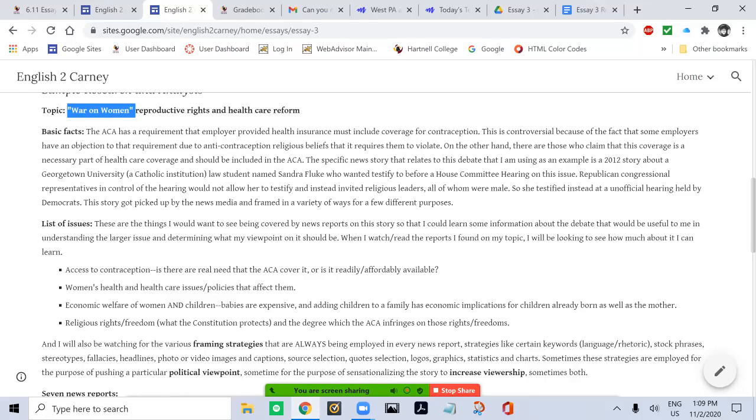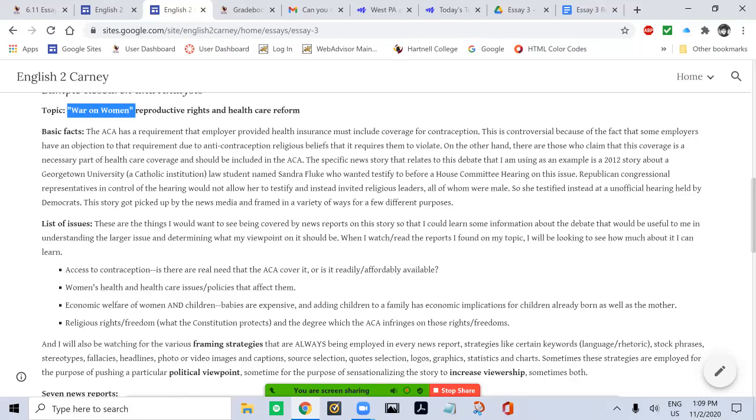If you're a woman, you don't want a war on you. A war is a sustained violent attack. That's what a war is. So here the Democrats are accusing Republicans of doing that to women, waging a war on them.